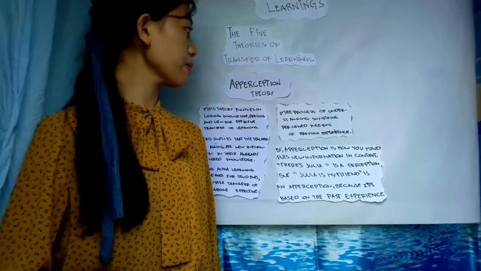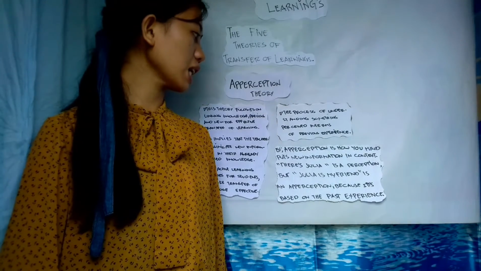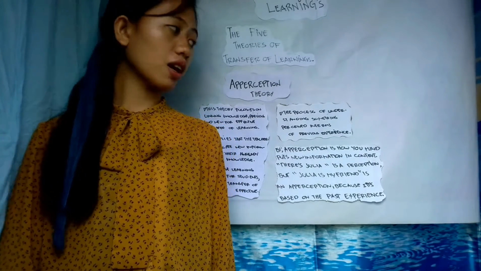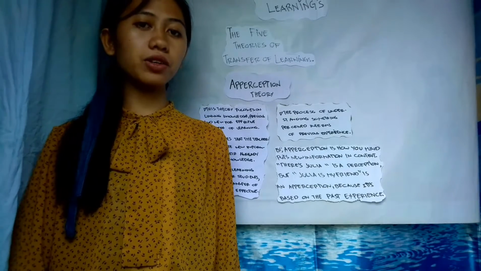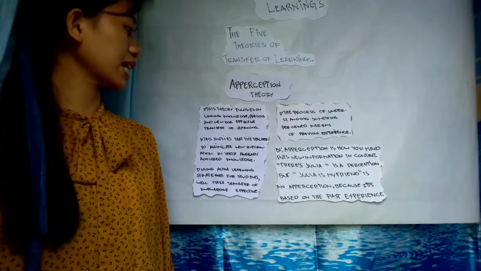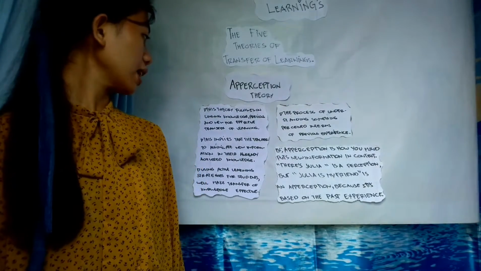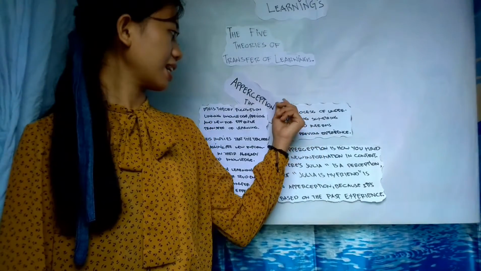So apperception theory is the process of understanding something perceived in terms of your previous experience. It focuses on linking previous and new knowledge for effective transfer of learning. That is the apperception theory.